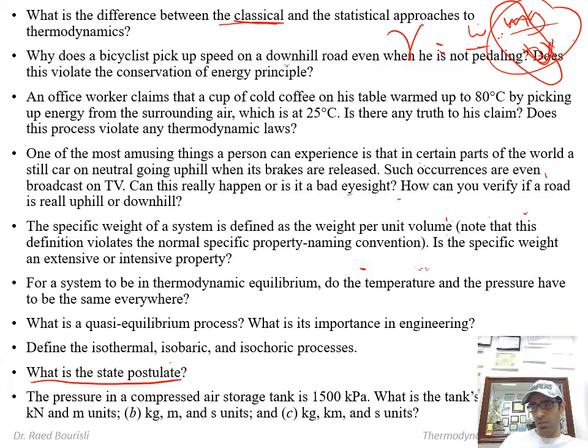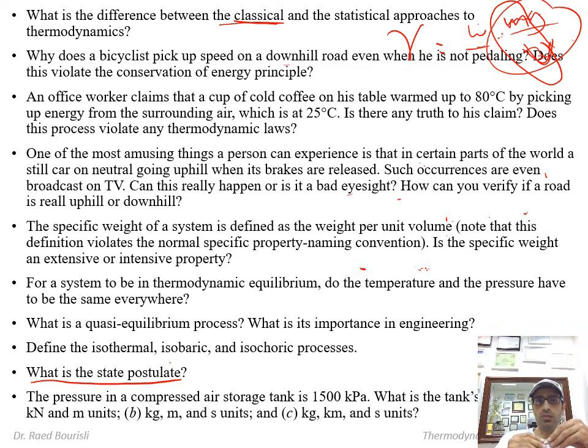You should memorize these, and after that understand them fully. The state of a system, a simple compressible system, we talked about why we say simple, homogeneous, compressible, where pressure has an effect. The system is not ignoring pressure.